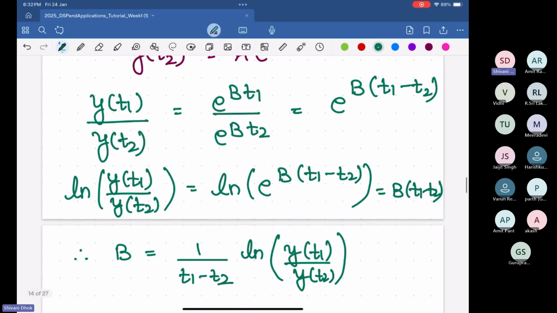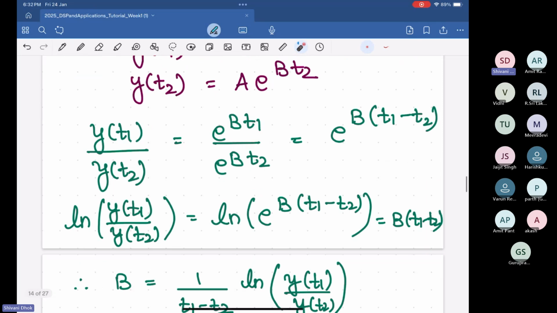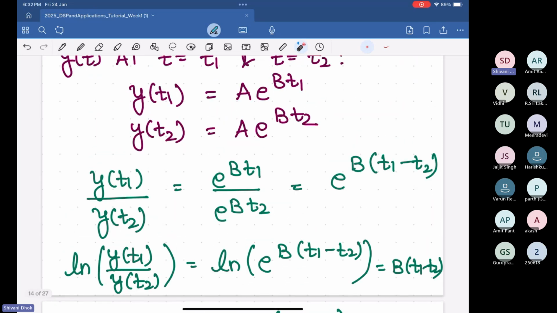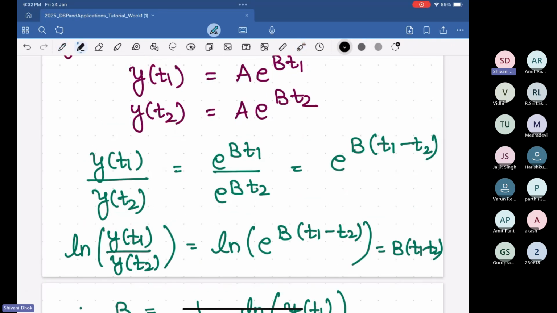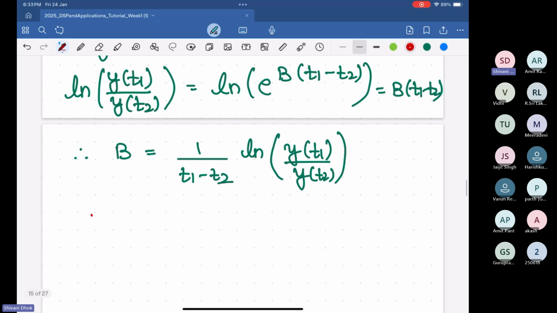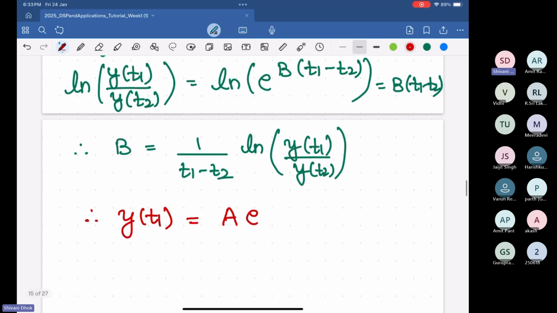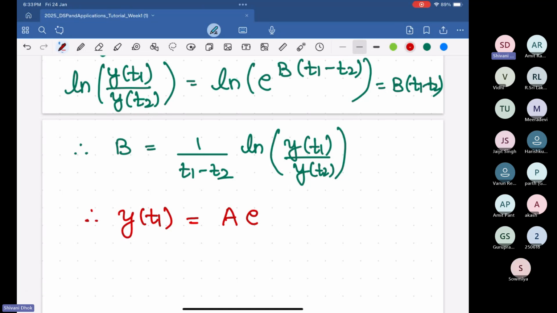Now we can use this value of b and substitute it in any of these two equations to get the value of a. Let's say we substitute it in the first equation. So y of T1 equal to a into e power b into T1, where the value of b is 1 upon T1 minus T2, natural log of y of T1 upon y of T2, into T1.